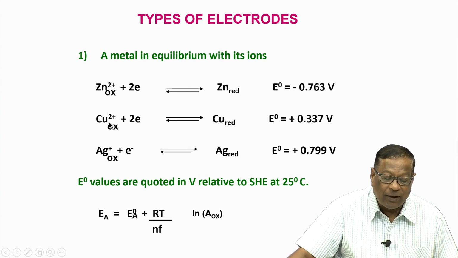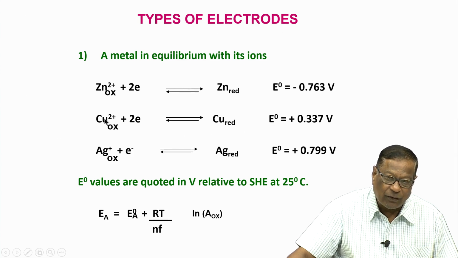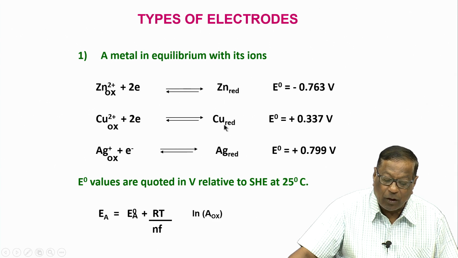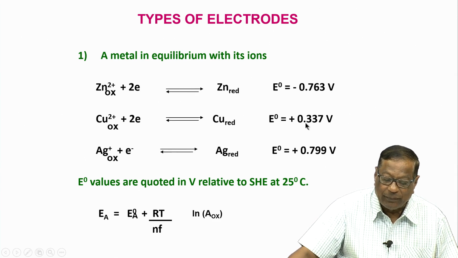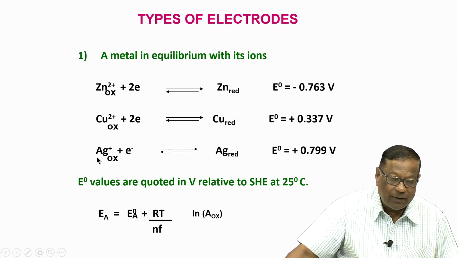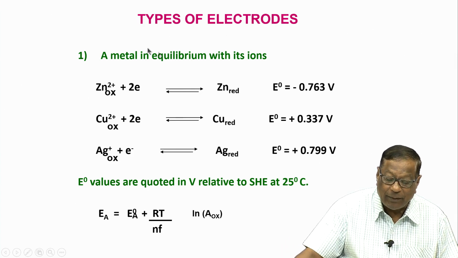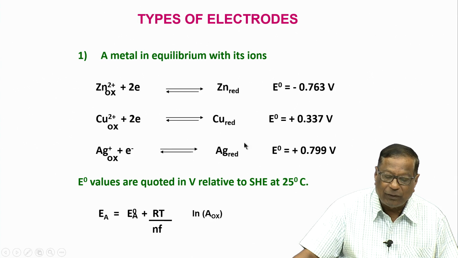Cu2+ in the oxidized state, that is cupric ions, will react with 2 electrons and go to copper metal, and the potential I get is 0.337 volts when I compare it with hydrogen. By convention we assign hydrogen as 0. So, I measure 0.337 volts.